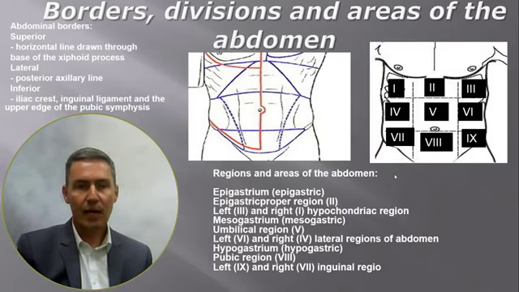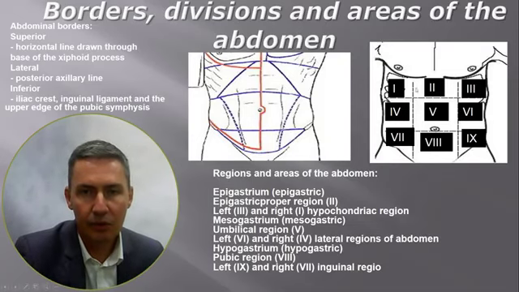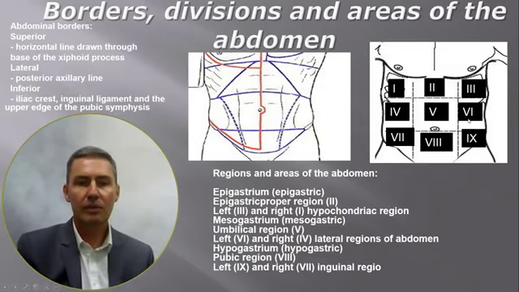The first one is the proper epigastric region, and the 2 paired are the left and right hypochondriac regions. So: proper epigastric, right and left hypochondriac regions. The region of the mesogastrium is also divided into 3 regions.